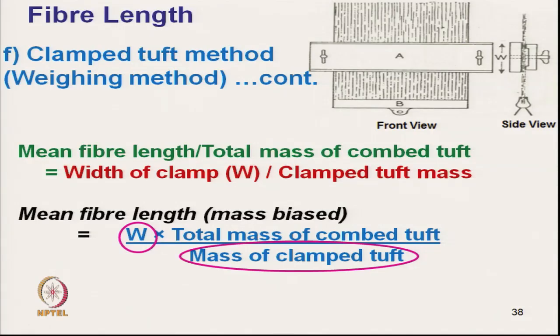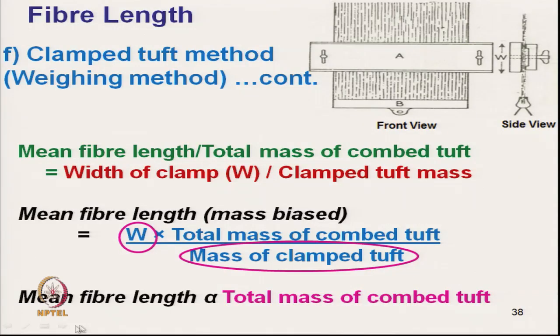So the formula is width multiplied by total mass of combed tuft by mass of clamp tuft. This way we get the mean length of fiber, called the mass biased length. Mean length is proportional to the mass of the combed tuft only where the mass of clamp tuft is constant, that is the ideal case.